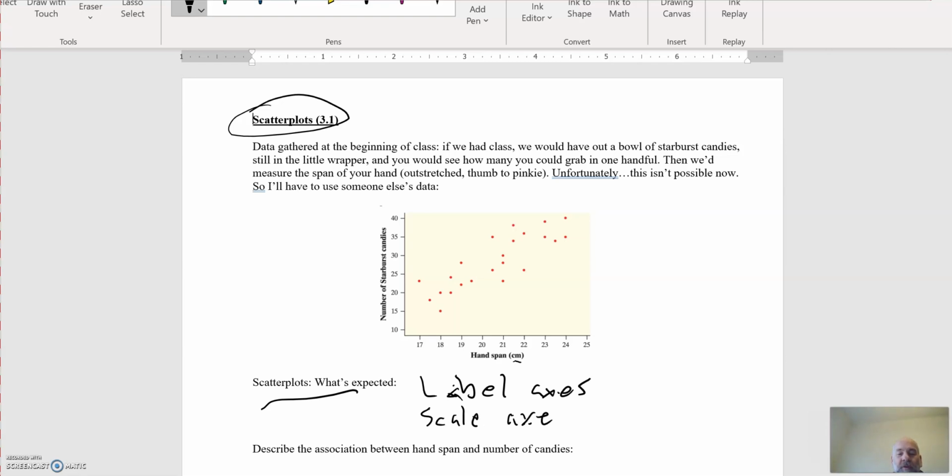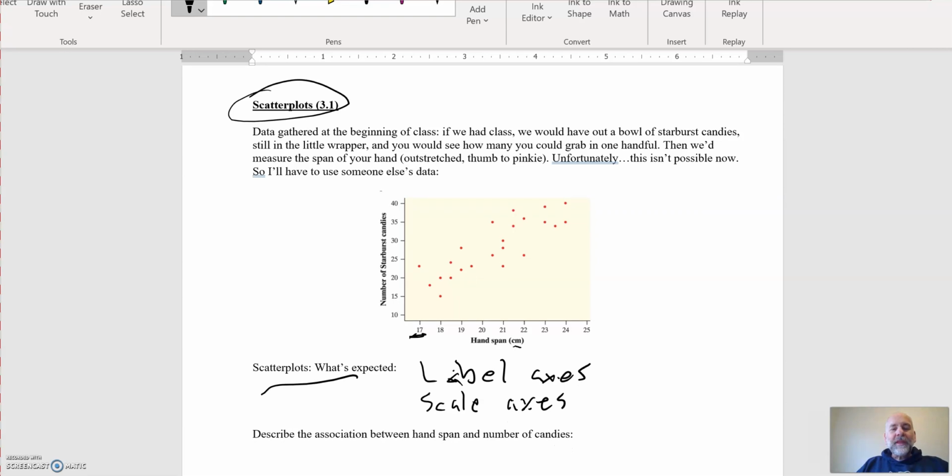You will notice that they don't have to start at 0. In stats, we know that sometimes data values are really far from 0, so that's fine. But you need the scale to be consistent all the way across, whatever your scale is. And then you just plot the points. As long as they're reasonably close, that's fine.